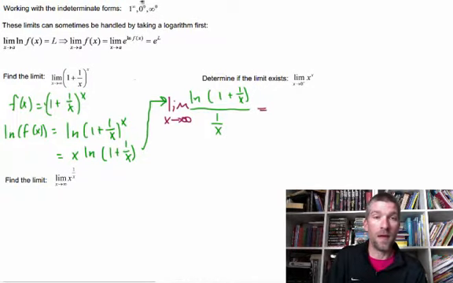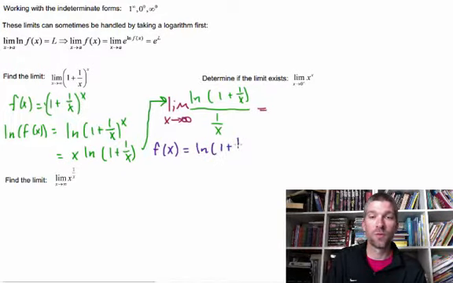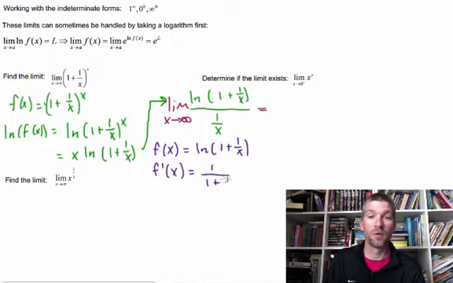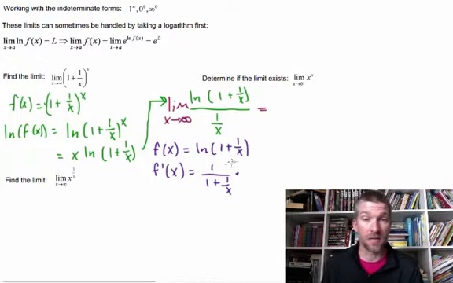Well, let's just do this. f of x will be equal to the natural log of 1 plus 1 over x. So when you take the derivative of that, remember, derivative of natural log is 1 over what's inside the log, 1 over 1 plus 1 over x, times the derivative of what's inside the log.